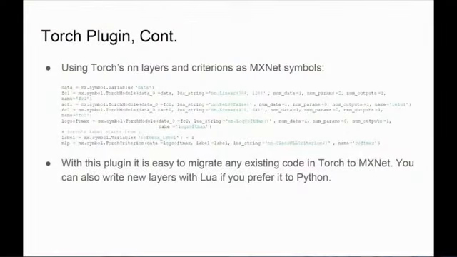Here we show how you can use Torch NN layers as mxnet symbols. These are just like any other symbols in mxnet. You have Torch module for the normal layers, and you have Torch criterion for the Torch loss layers.